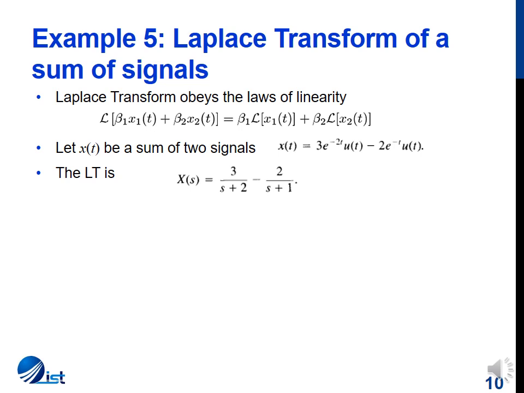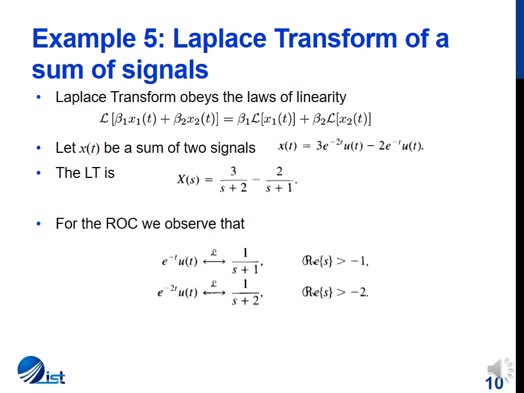Now, what about the region of convergence for this sum? We know that for the function e raised to power minus t u(t), since it's a right-hand sided signal, the ROC is real of s greater than minus 1. And for the signal e raised to power minus 2t u(t), the ROC is real of s greater than minus 2. Just pause for a second and observe the similarity.